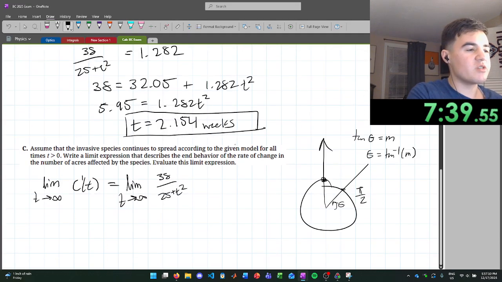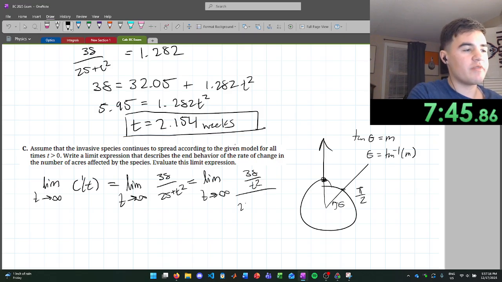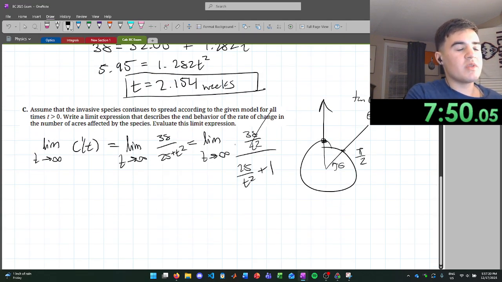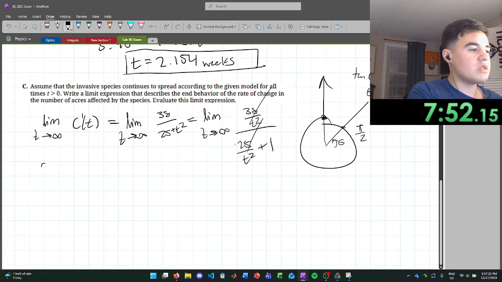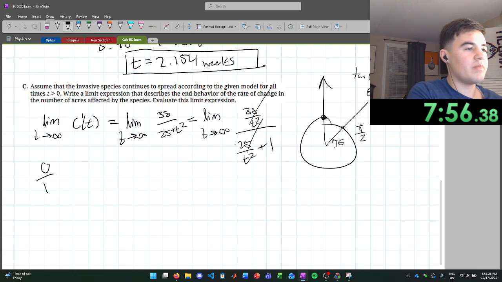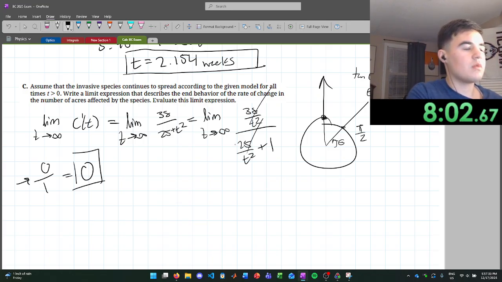We can divide everything by t squared to get the limit as t approaches infinity of 38 over t squared over 25 over t squared plus 1. That goes to 0. This goes to 0. We get 0 over 1, so this equals 0. So the end behavior of the rate of change is going to approach 0.